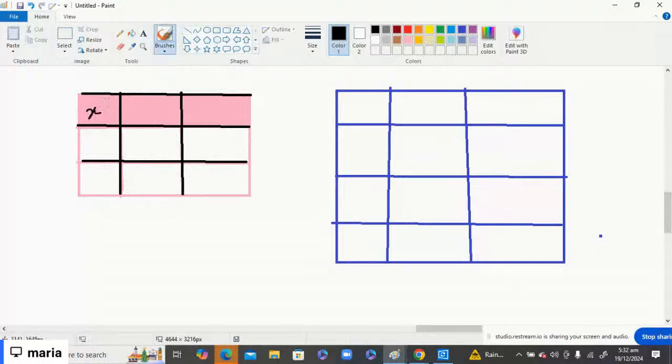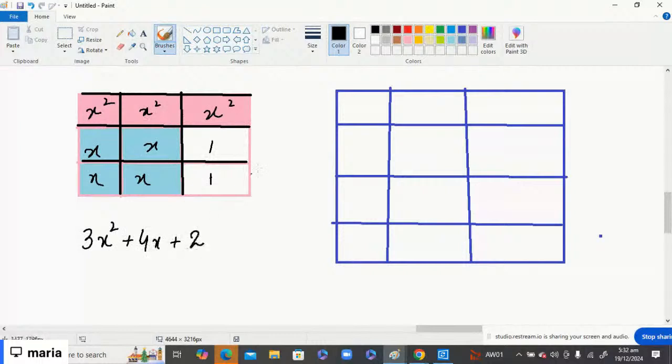So now here is x square, and x square. Now for this, that is x, and for the white one is 1. What is the answer? 3x square plus 4x plus 2. Okay, this is the answer of this.